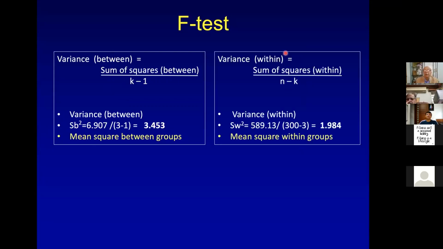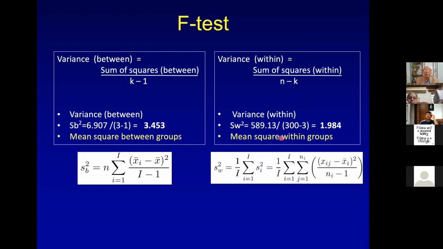Similarly, the variance within the groups, SW squared, we compute and get 1.98. This is the mean square within the groups. And this is the F test now. We divide SB squared by SW squared and we get 1.741.